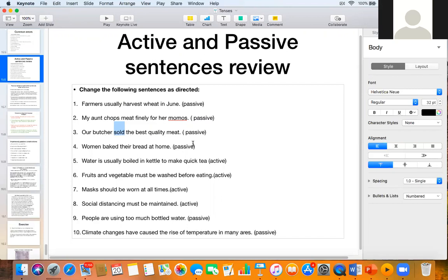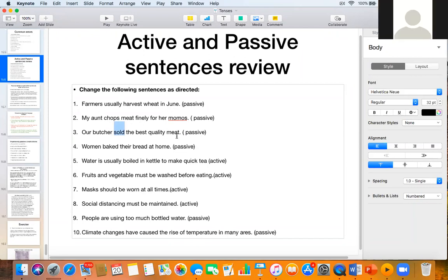Was sold. The past tense was, all right? We use were, and in present, is and are. So the best quality meat was sold. The past participle of sold is sold. This is an irregular verb. So sell, sold, sold.